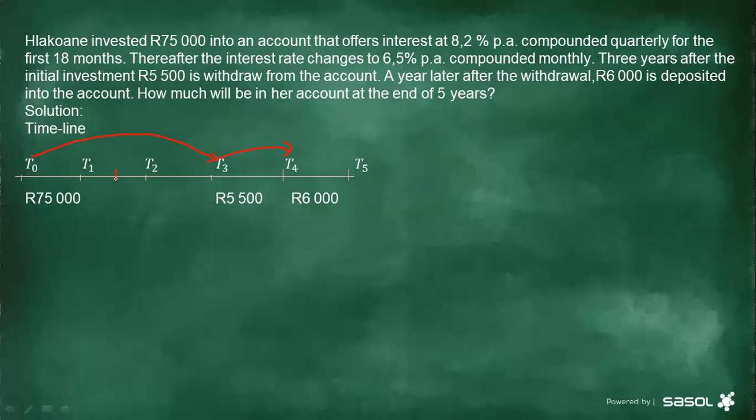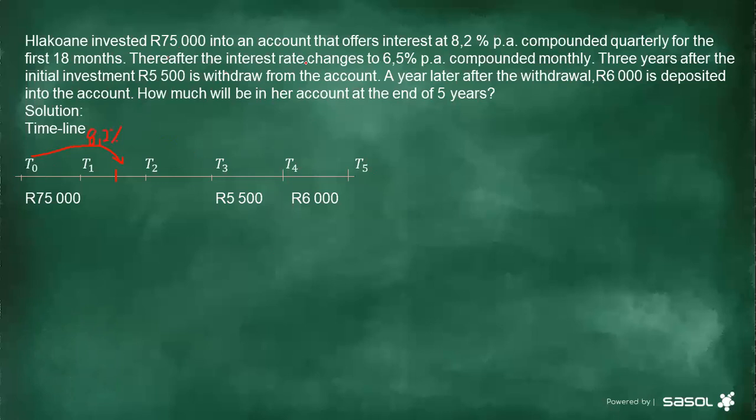So 1.5 is somewhere here. For the first 18 months, from this one to this, the interest rate is 8.2%.